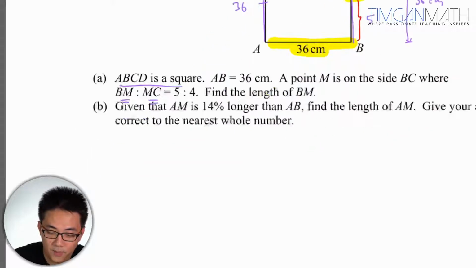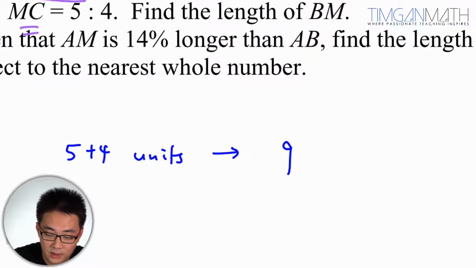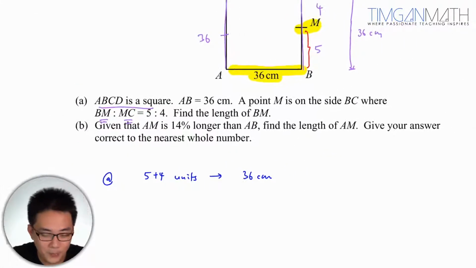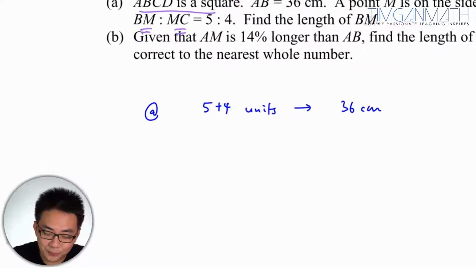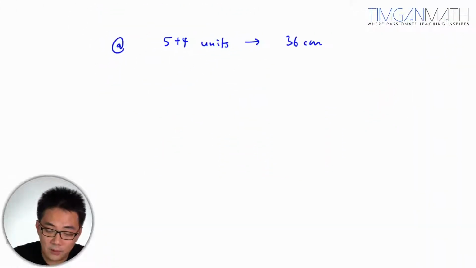We know that very quickly, 5 plus 4 units corresponds to 36 cm. There are many ways to do this. So 9 units would correspond to 36 cm.